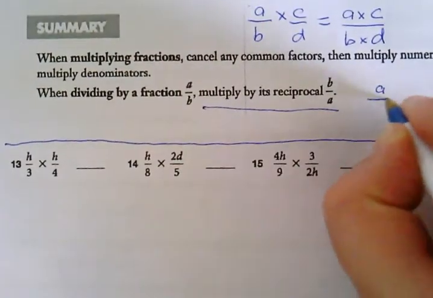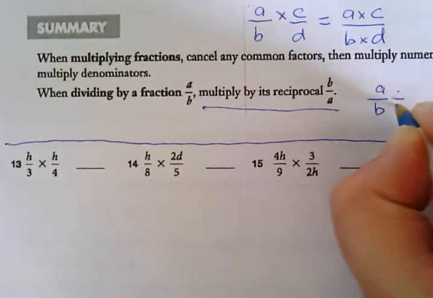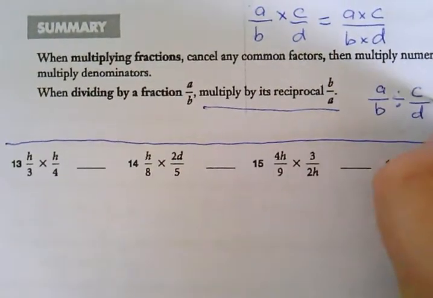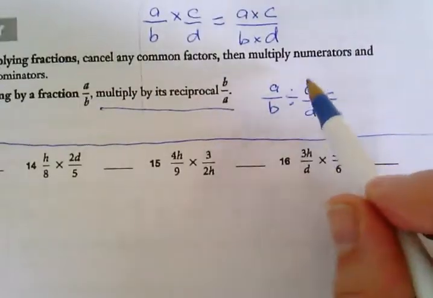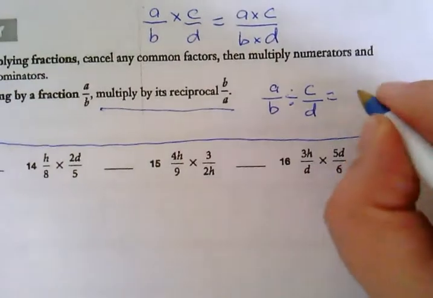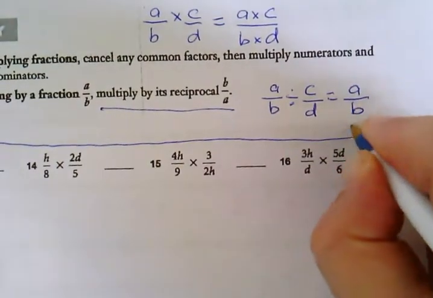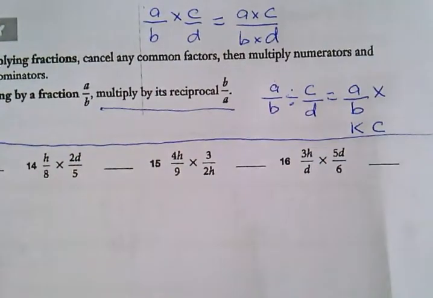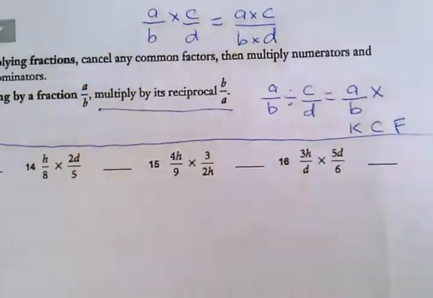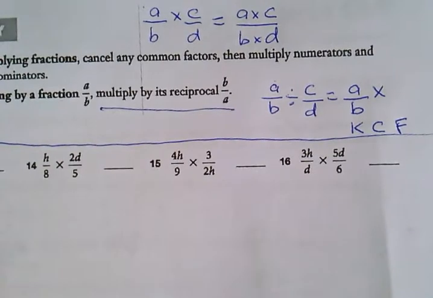However, when you divide fractions, a over b divided by c over d, we don't just do a divided by c and b divided by d. We keep the first one the same. We change the divide to a times, and we flip the second fraction. KCF, not KFC.